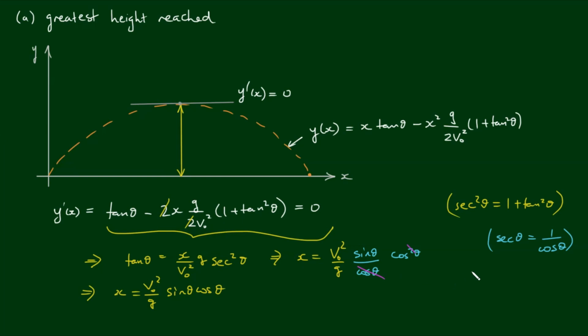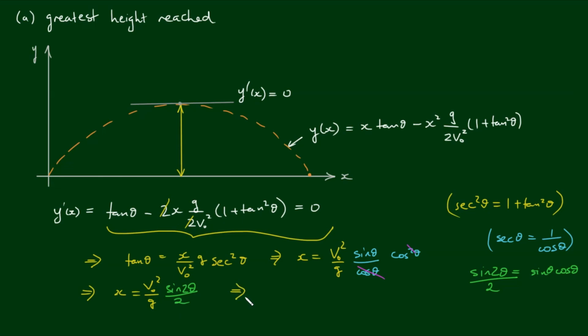Now here's another trigonometric identity that I'm going to put to use. The double angle formula: sine of 2 theta is equal to 2 times sine of theta by the cosine of theta. So that would imply that sine of theta by the cosine of theta equals sine of 2 theta on 2. So this becomes sine of 2 theta on 2.